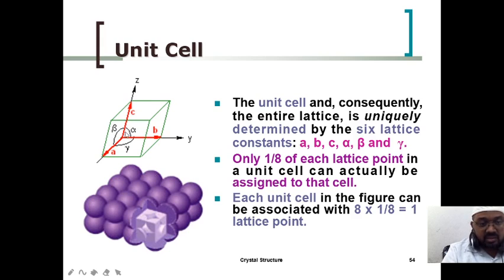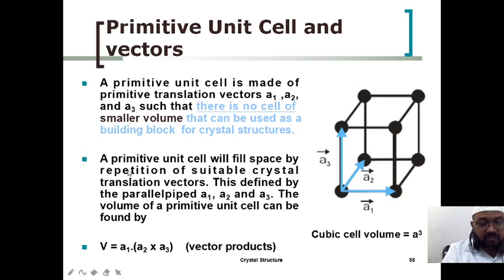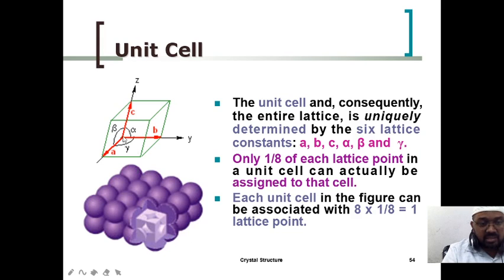And the z-axis, you just go inside, and this angle we will call gamma. So here you will find alpha, beta, and gamma. These are the three angles subtended with respect to the coordinate axes, x-axis, y-axis, and z-axis.